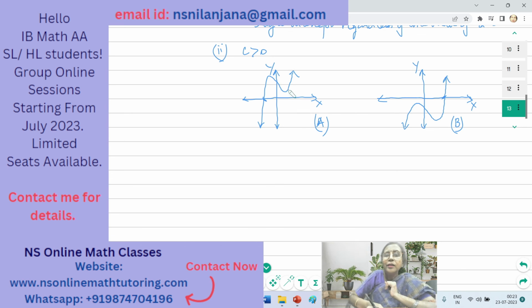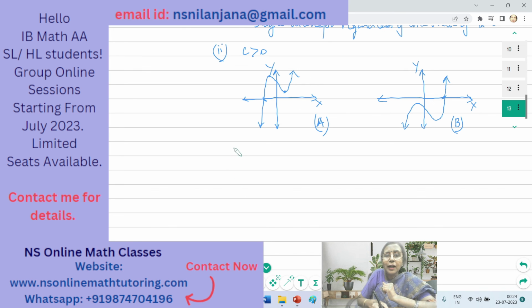Now, for this, the y coordinate of the maximum is greater than 0. It has to be, because the y coordinate of the minimum is greater than 0. So definitely the y coordinate of the maximum has to be greater than 0. So what condition should we be taking for this condition A? The y coordinate of the minimum point is greater than 0.